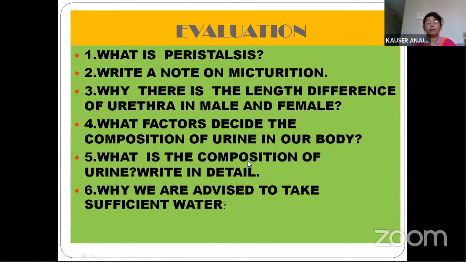Write in detail. In the previous session, I have explained to you the composition of the urine, isn't it? Once again, I'll tell you. Here, the urine contains three major things. The one is organic substances, second, the inorganic substances, and third, water. So you can write in detail what are the organic substances, what are the inorganic.